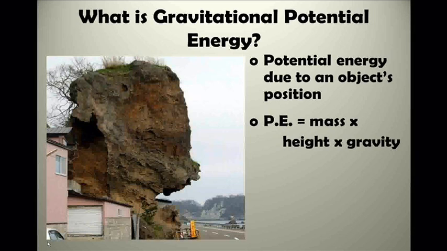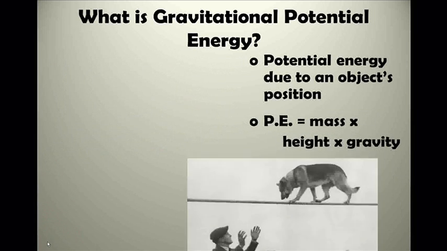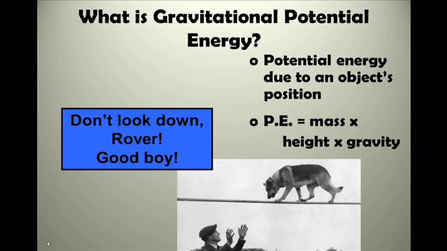So potential energy equals mass times height times gravity. How about good old Rover? Rover here has height, he has mass, and there's gravity as well. So Rover also has potential energy. If he should fall to the ground, it turns into kinetic.